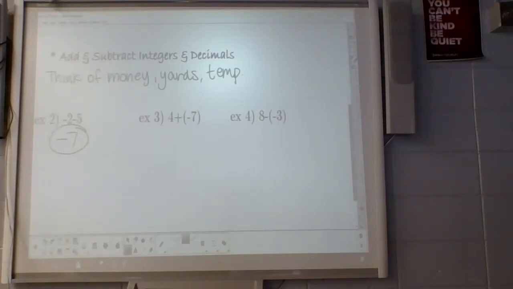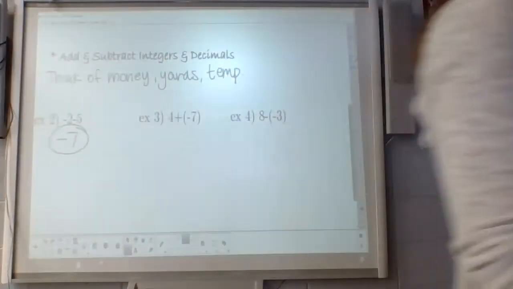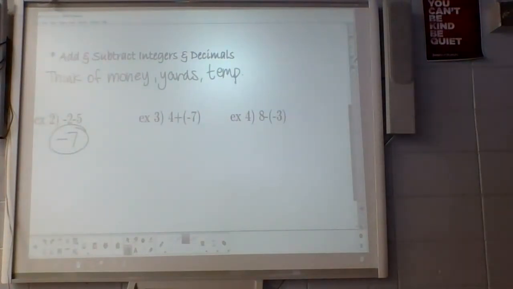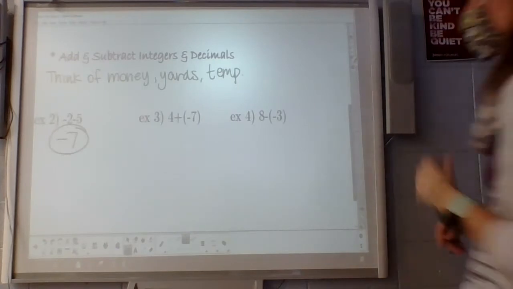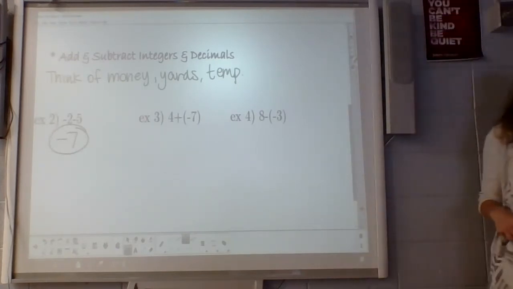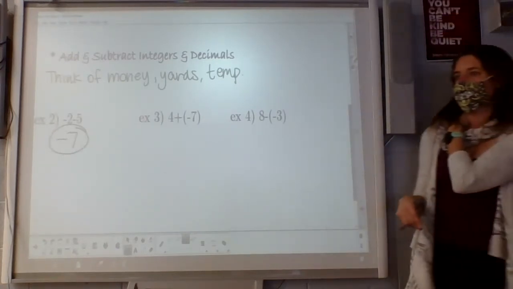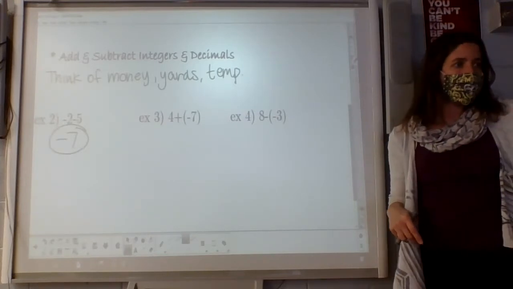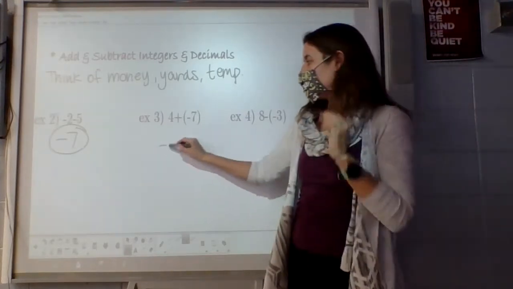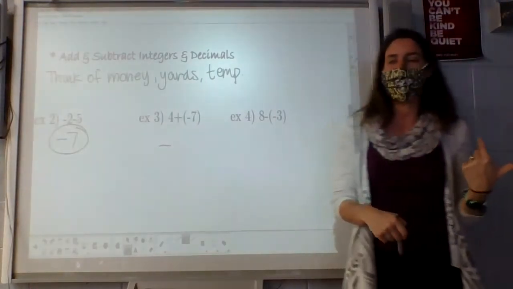Now it's okay to grab a calculator, but I would also try to do this without, just so that you're making sure that your answer makes sense. 4 plus a negative 7. We go up 4 and down 7, so the negative wins. There are more negatives than positives.